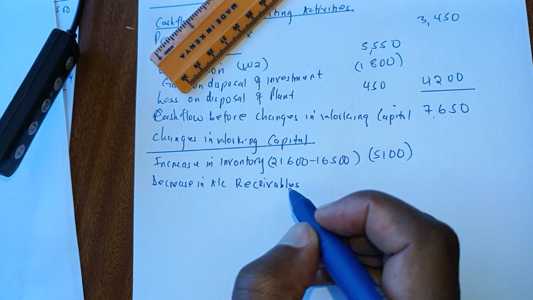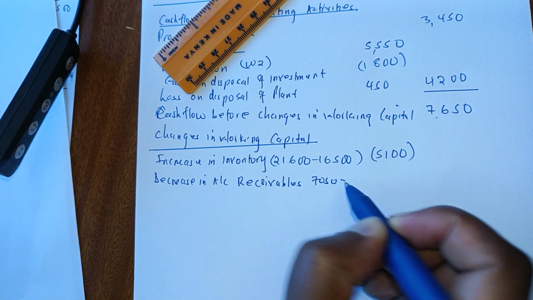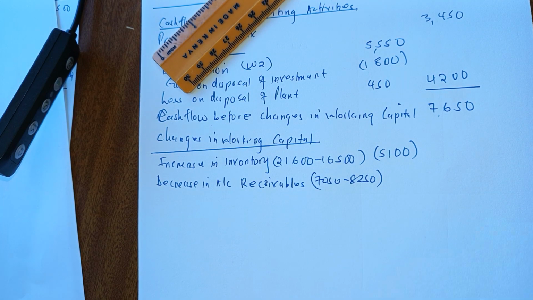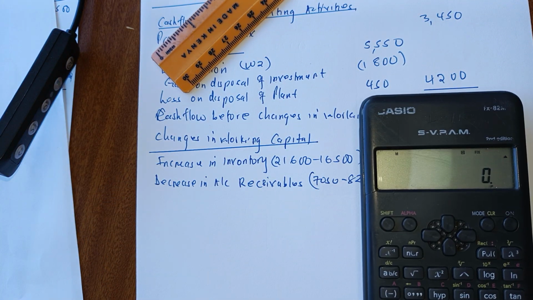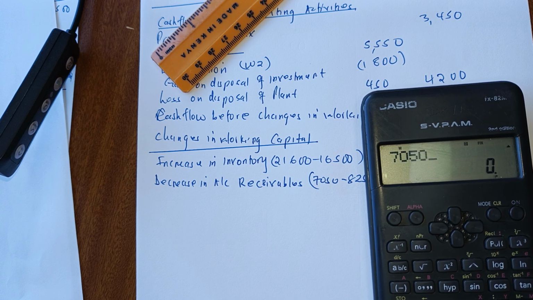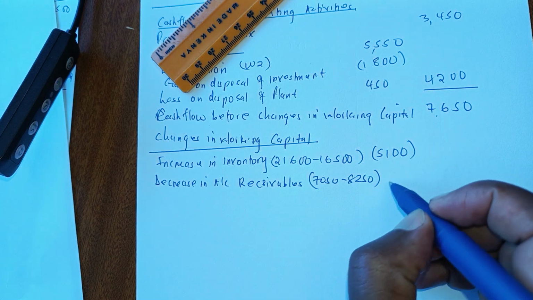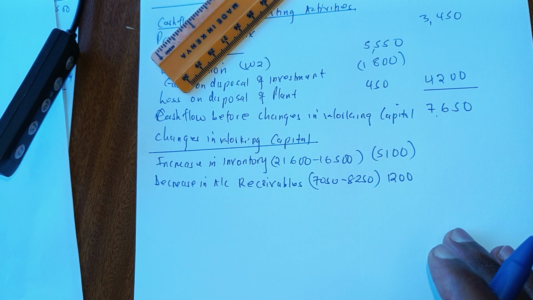You can see it was 7050 minus 8250. So that means that our debtors were paying, so it means notionally cash was coming in. So you add it. Then there was this prepayment.